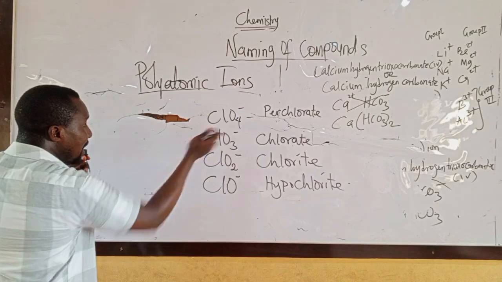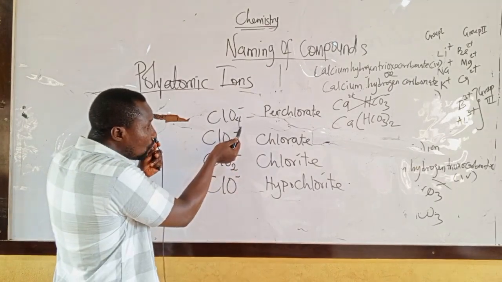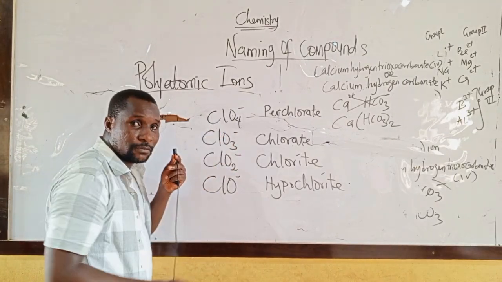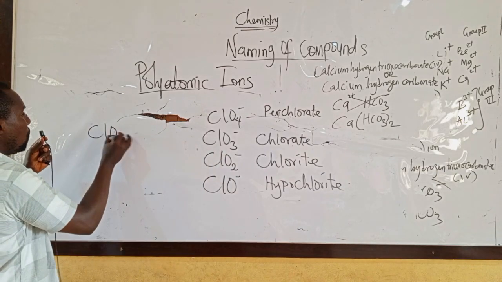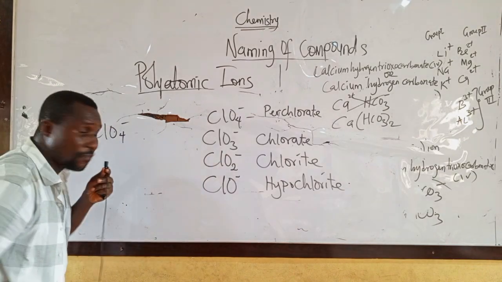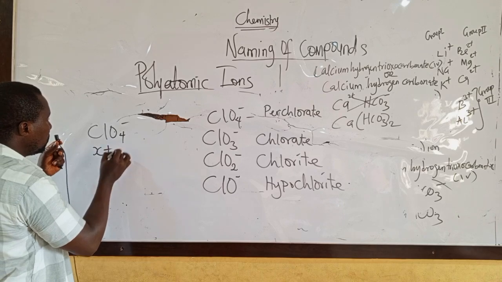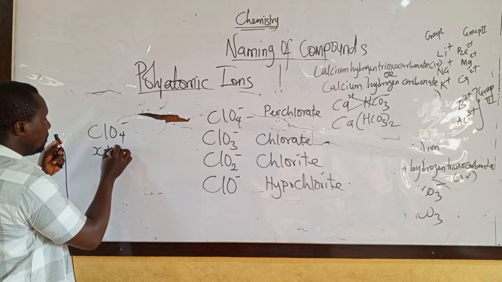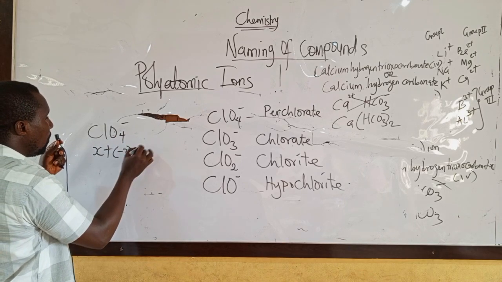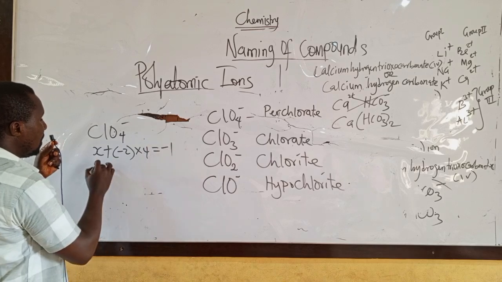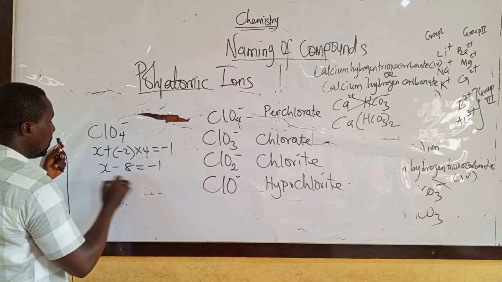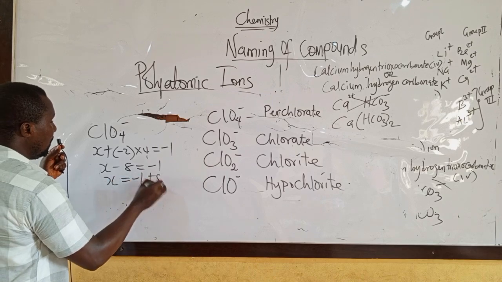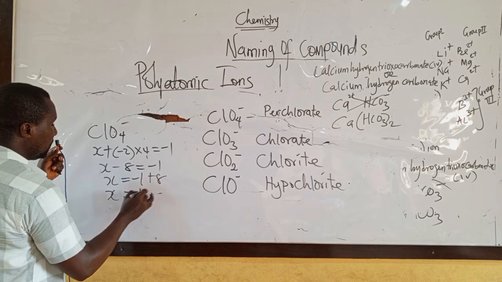This one, another name for it, you can call it tetraoxochlorate. How do you get that? ClO4 minus. Find the oxidation number of chlorine, x, plus the oxidation number of oxygen, minus 2 times 4, everything equal to minus 1. x plus minus 8 equals minus 1. x equals minus 1 plus 8, which is plus 7.